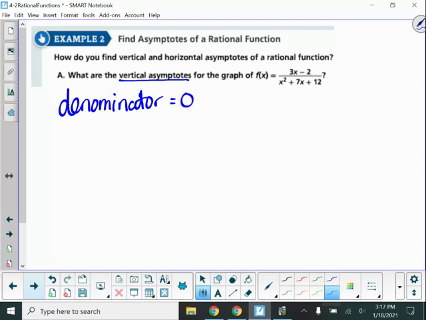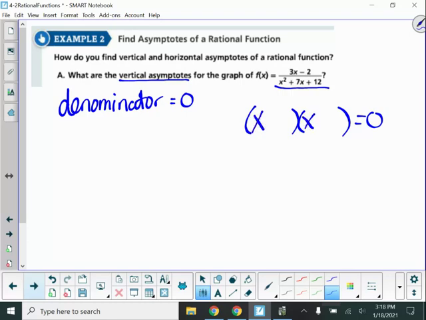For most of these questions, if you don't have a reciprocal function that you can put into the x minus h format, although we actually are still technically using that, it's just that you might have multiple h's, you want to take whatever denominator you have, in this case x squared plus 7x plus 12, factor it, and set it equal to 0.